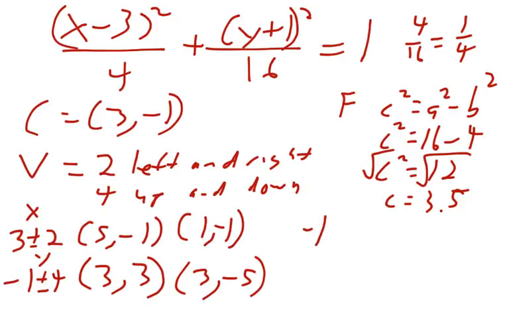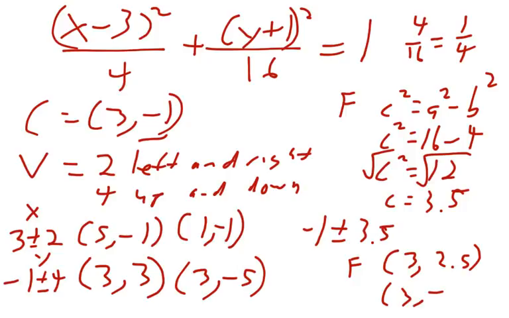So my y value was negative 1 from the center. I add 3.5. So my two foci are 3 comma 2.5 and 3 comma negative 4.5. We're good with that one.